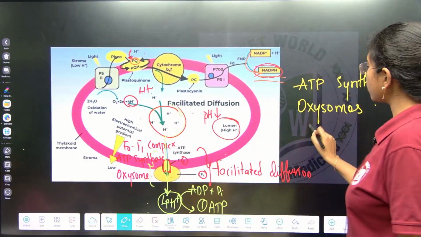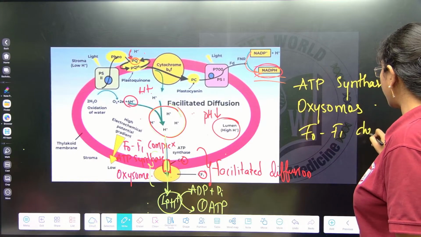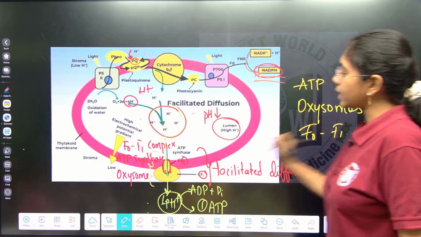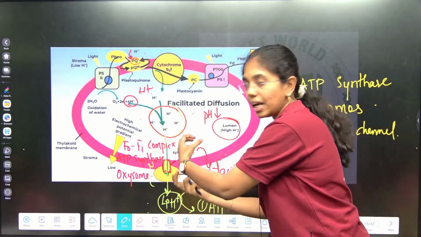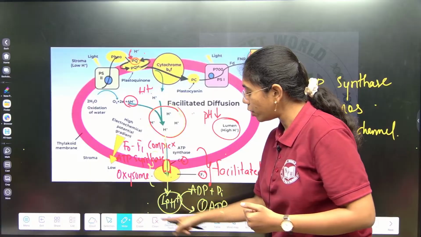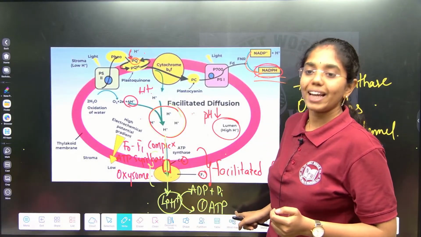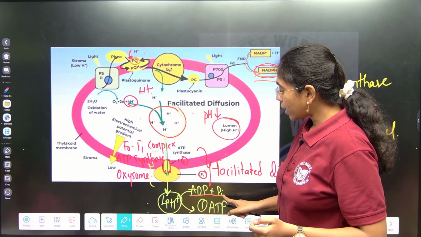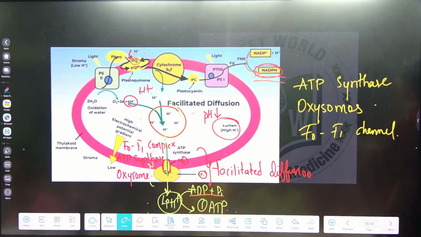ATP synthase or oxysomes or F0 F1 channel, where F0 is embedded inside the membrane, F1 is towards the stroma. In a single run, how many protons are pumped? 4 protons, which are required for the formation of 1 ATP. ADP and inorganic phosphate will make 1 ATP. Clear? This is all about chemiosmotic hypothesis.